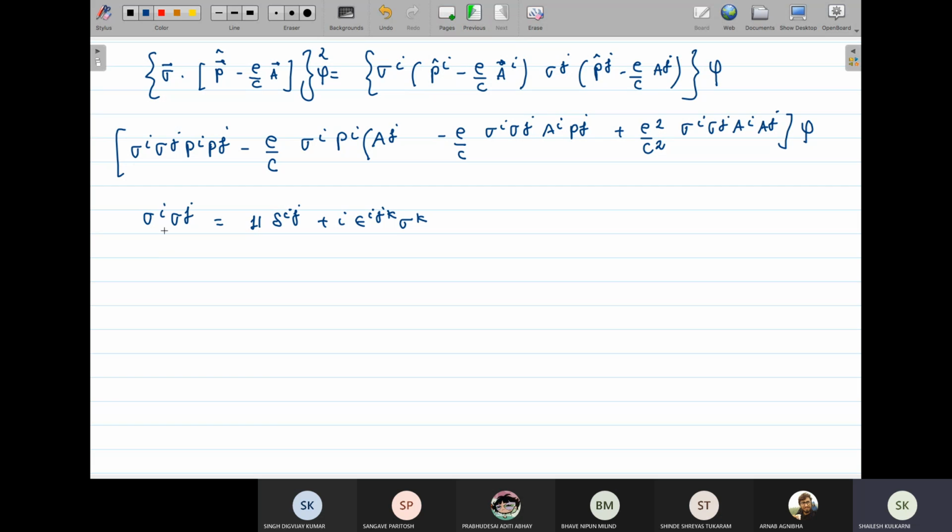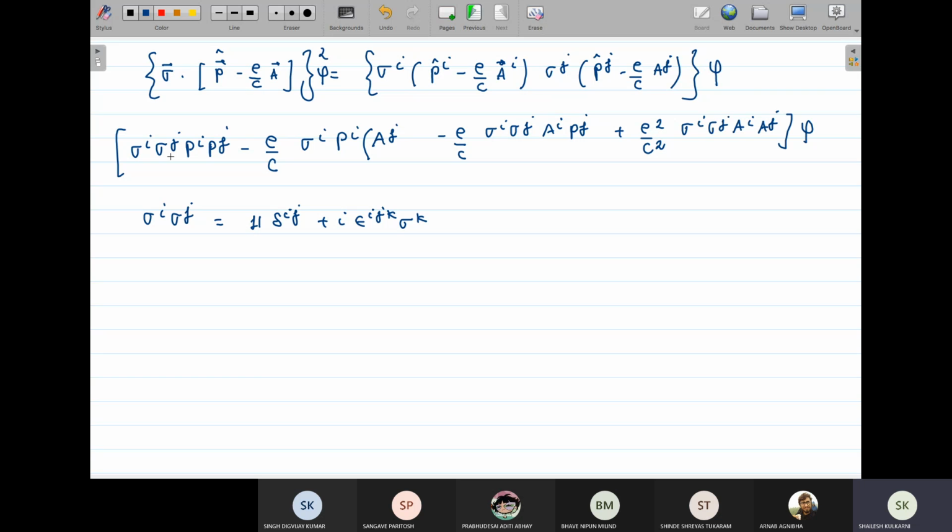You know this property. I asked you to come prepared with these properties of sigma matrices. This is one of them. So basically you can use it here.